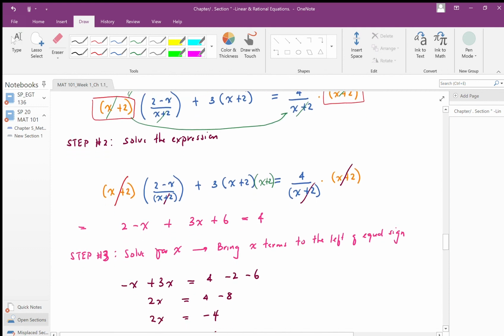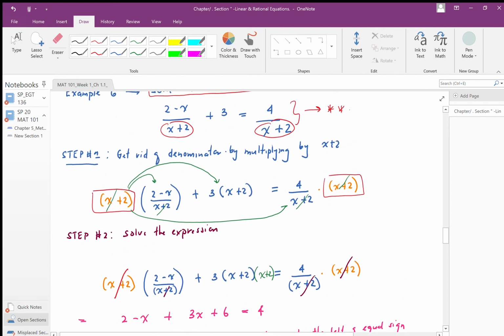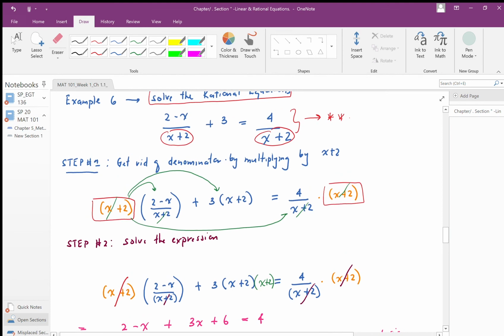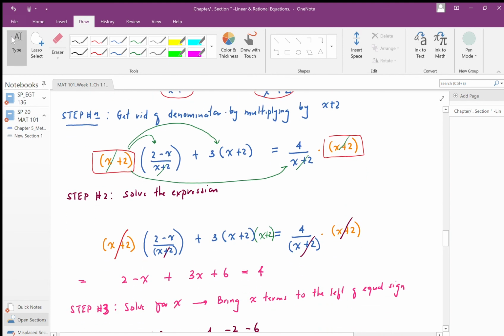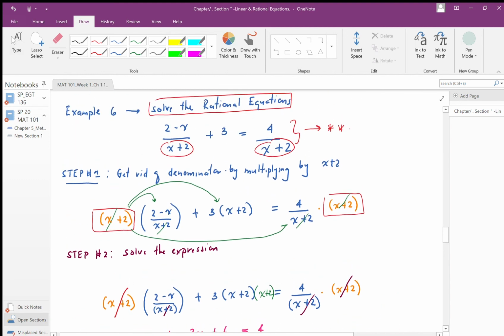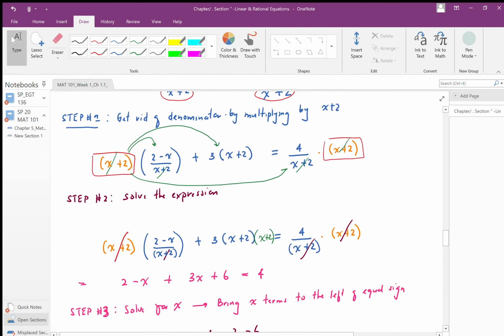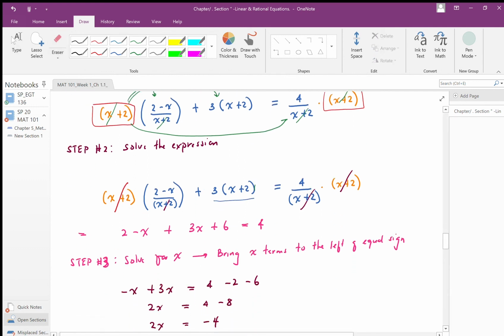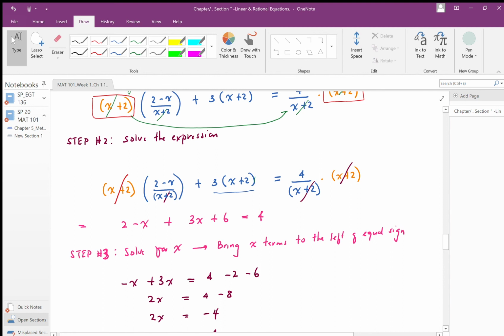Oh, I'm sorry, I made a mistake here. This is not here because this is just a 3. So when you multiply through, you're going to get this value right here. And then when you want to expand now, you can just expand 2 minus x plus 3x plus 6 equals 4.